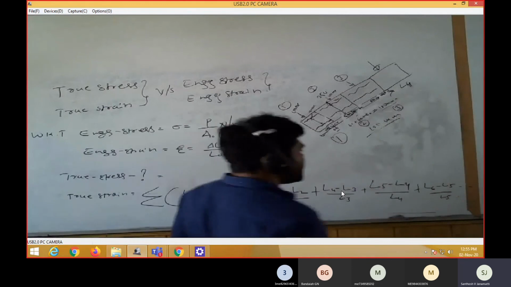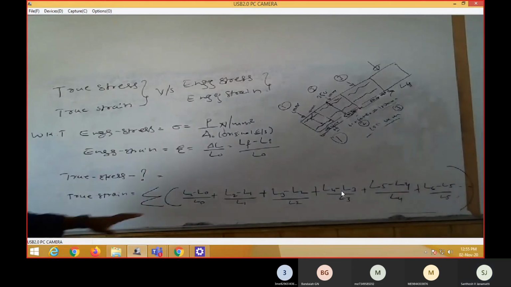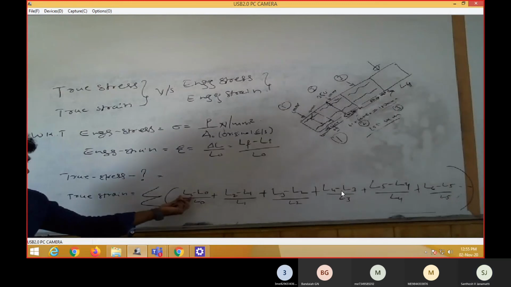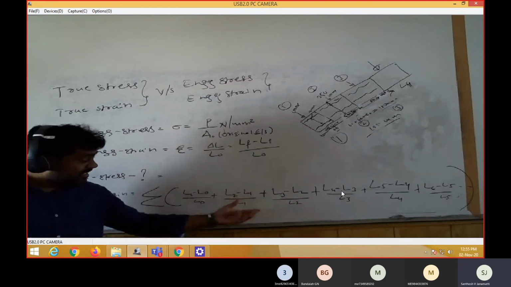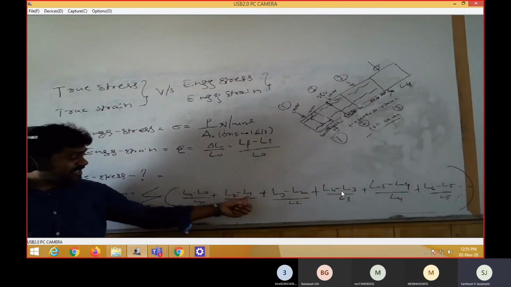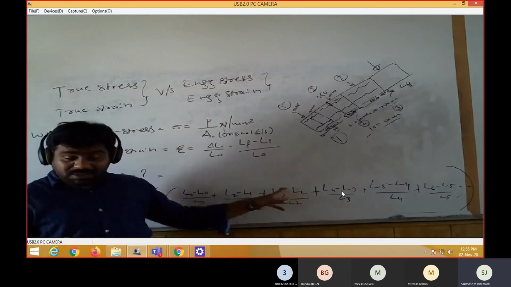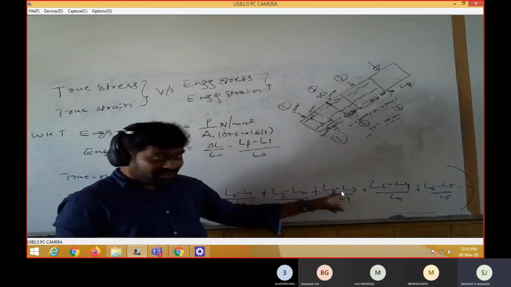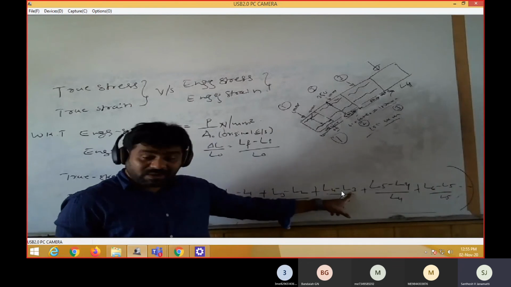This is what we can call the true strain. True strain is the change in length relative to the original length, divided by the original length, plus the second: L2, the second change in length, minus the original length. L1 is the original for L2, L2 is the original for L3, and L3 is the original for L4. L4 is the change in length with respect to L3.